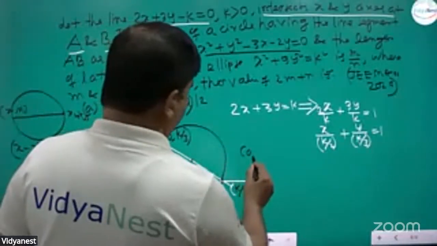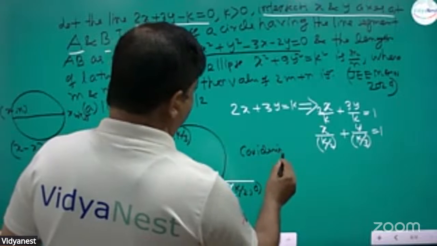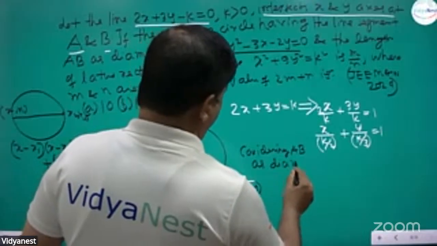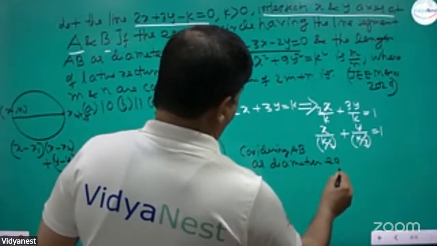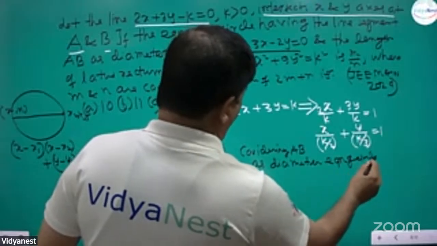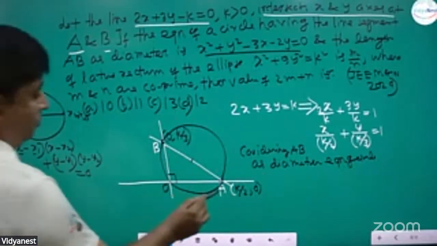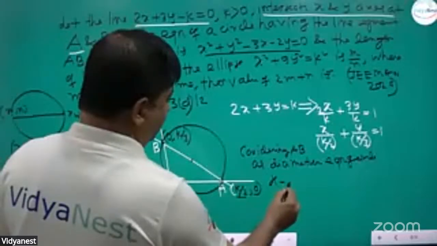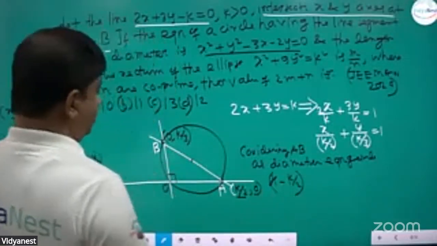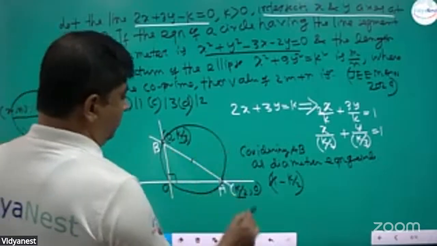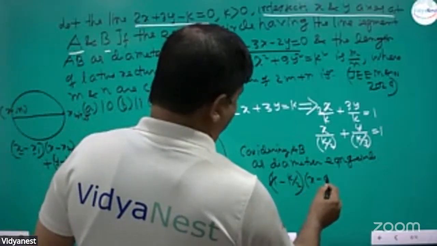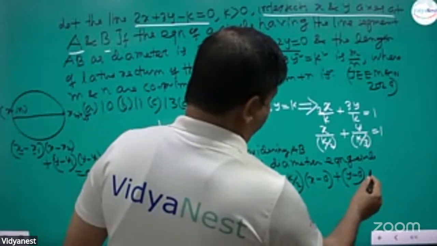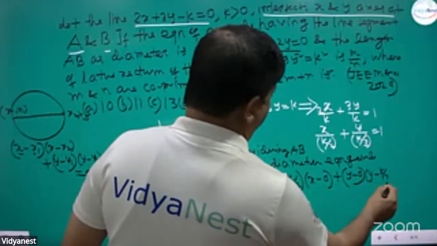So considering AB as diameter, the equation of the circle is: x minus x1, you consider this thing as x1, y1, this is x2, y2, x minus x1 into x minus x2 plus y minus y1 into y minus y2.